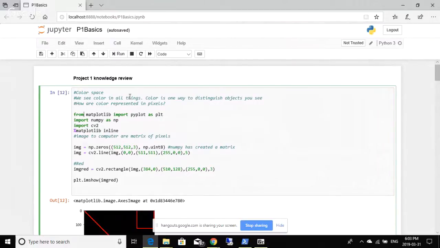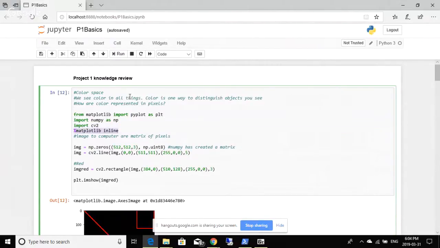So there are some Python imports here. This one's for Matplotlib for graphing stuff. There's NumPy, numerical Python, to do a lot of the matrix multiplication, matrix operations, stuff like that. CV2, OpenCV or Open Computer Vision, for drawing stuff, creating shapes, all of your computer vision, which is what a lot of this course is all about.